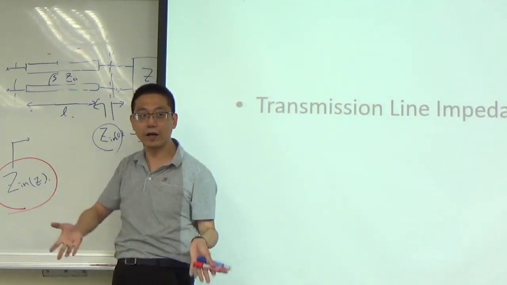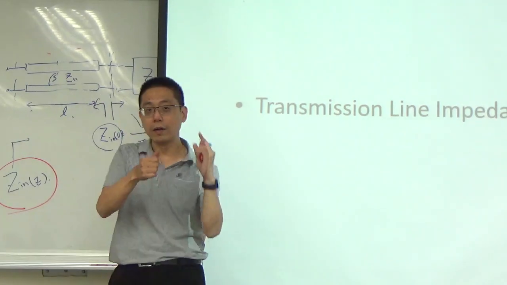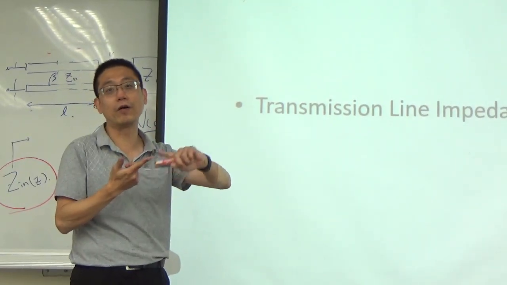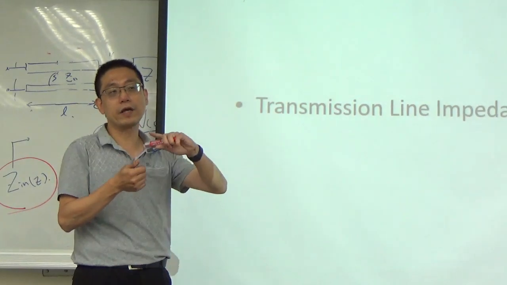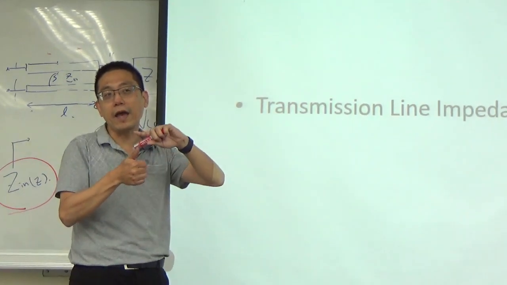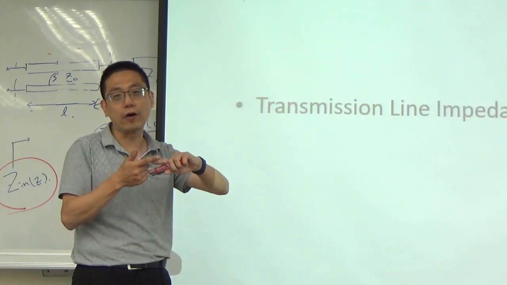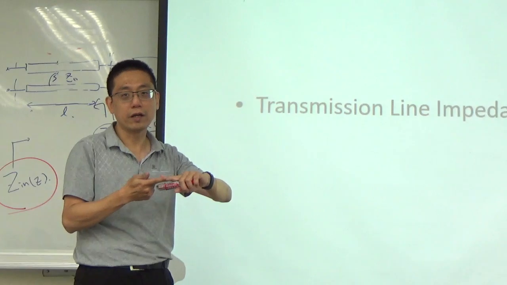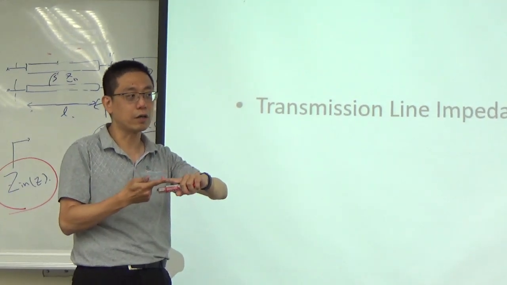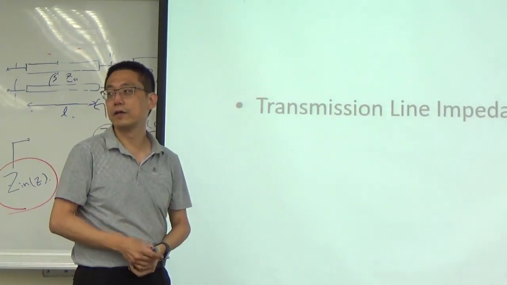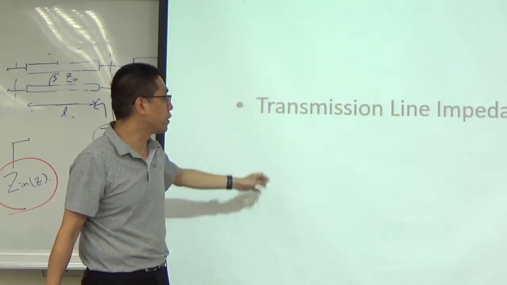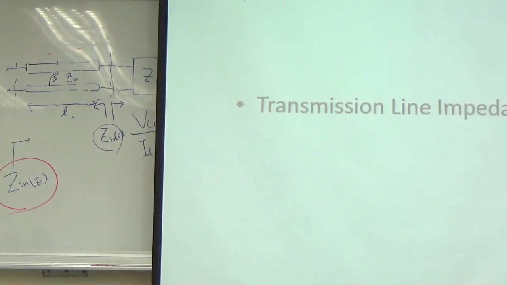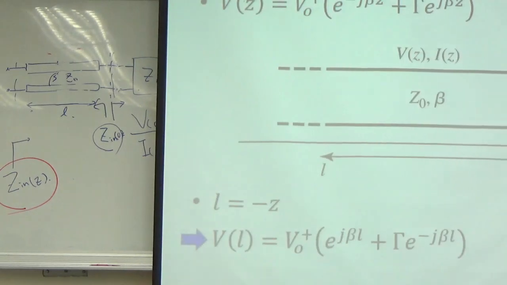And I'm telling you about the input impedance and the input reflection coefficient, or maybe you could say the impedance at any position or the reflection coefficient at any position. It is related to the Smith chart. So from the beginning, we are trying to derive the impedance equation first.